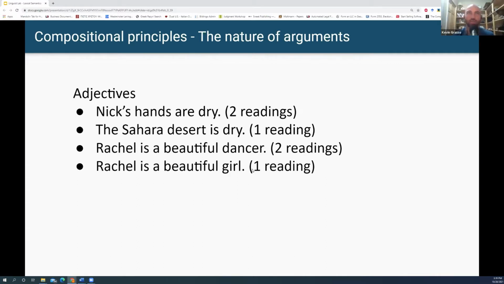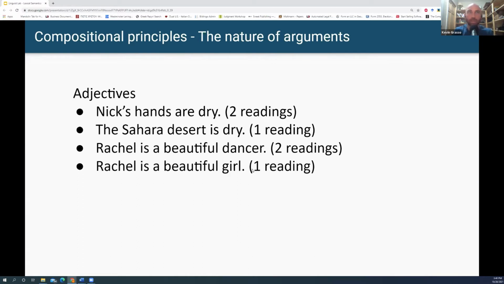So I think what you're saying is that it's either a property of the hands, or it's a property of a specific time period. To say that his hands are dry could mean in this moment his hands are dry, they're not wet, right?